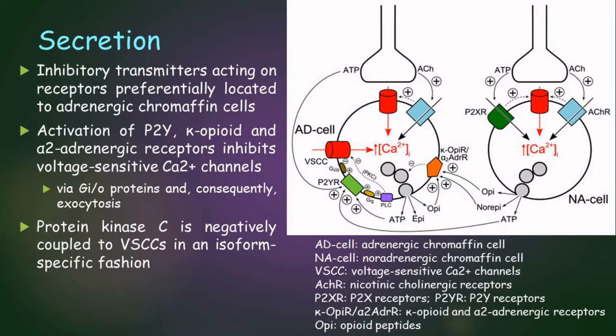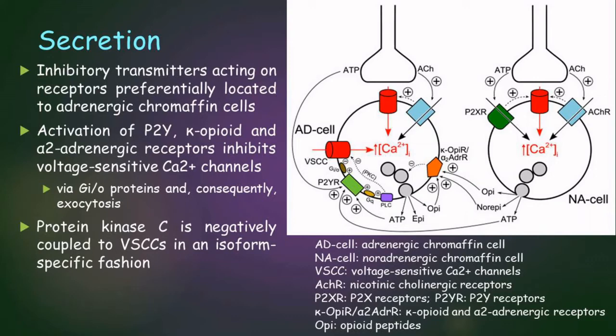In the adrenergic cells, you have the voltage sensitive calcium channels which are inhibited by several systems which include P2YR, the Gi or G protein coupled inhibitory receptor induced pathways.